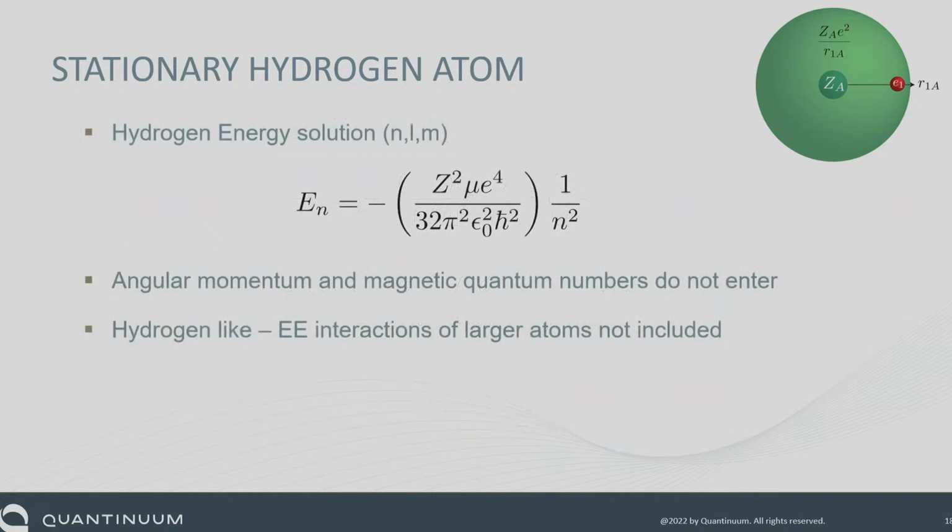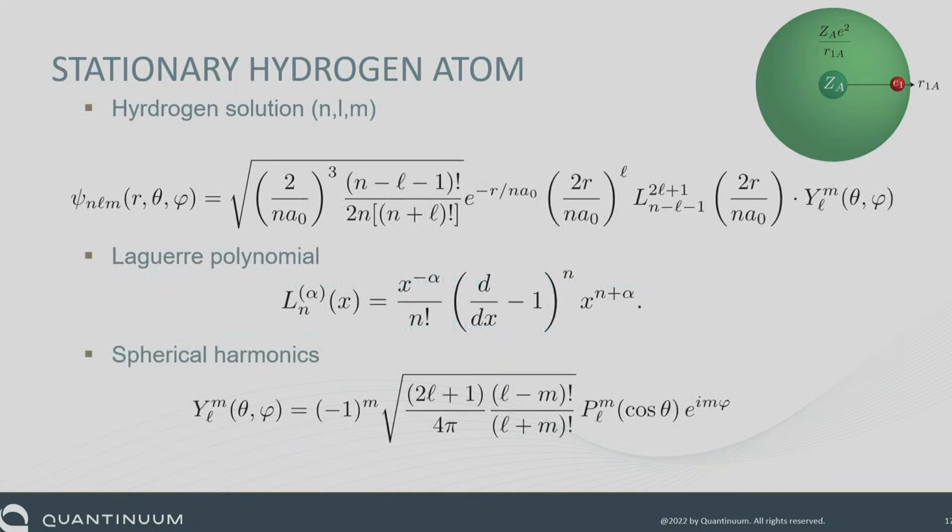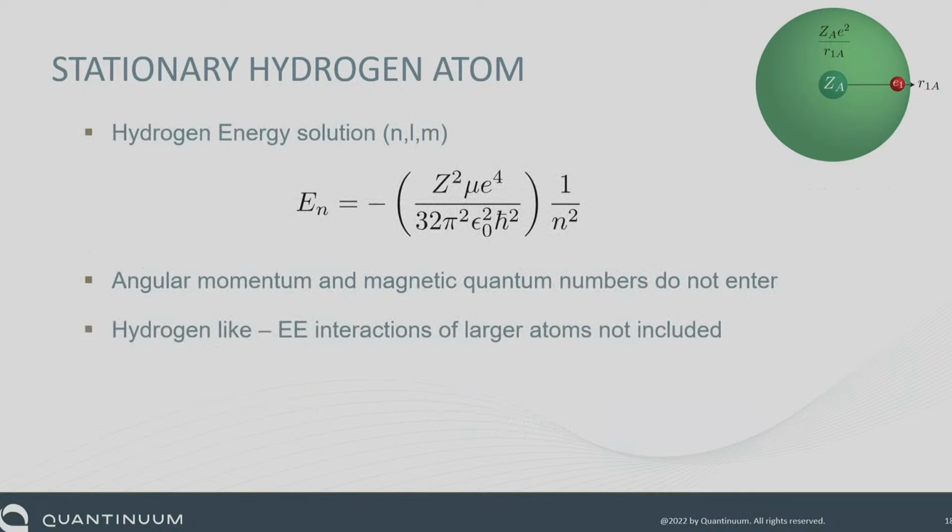Okay, so now you may notice that when you solve this, because we have no extra electrons, the energy is dependent on, even though the wave function contains n, l, and m quantum numbers, because we have a non-interacting single electron picture, the solutions of the Schrödinger equation for the hydrogen atom, or a particle in a spherically symmetric potential, only contain the principal quantum number n.